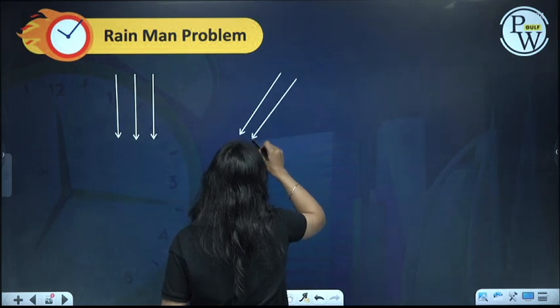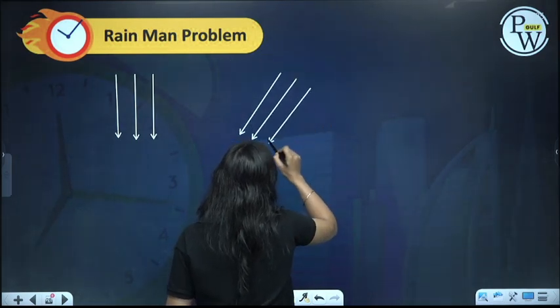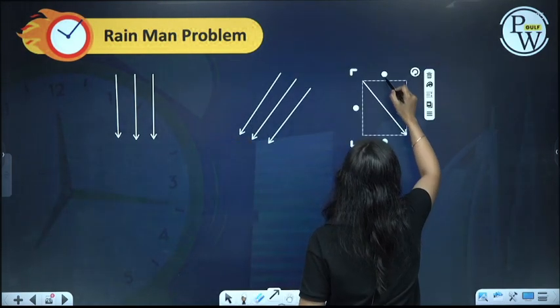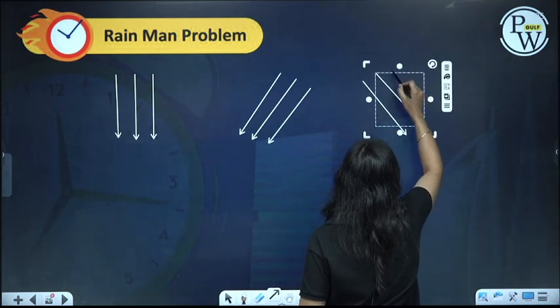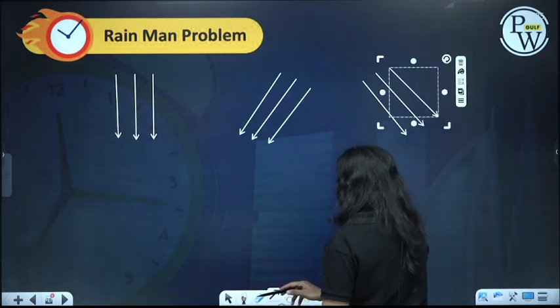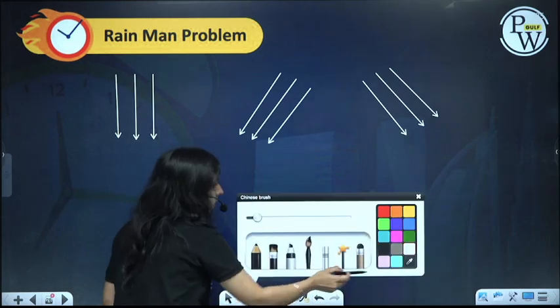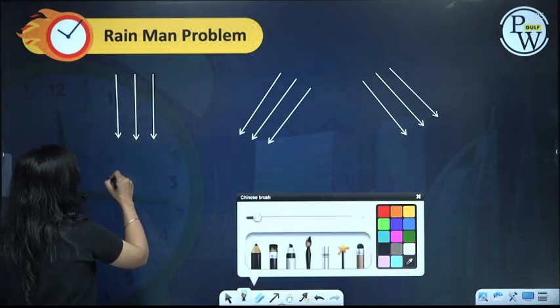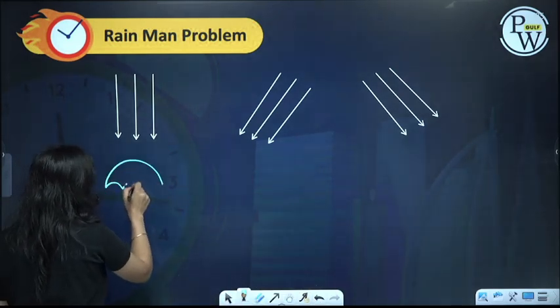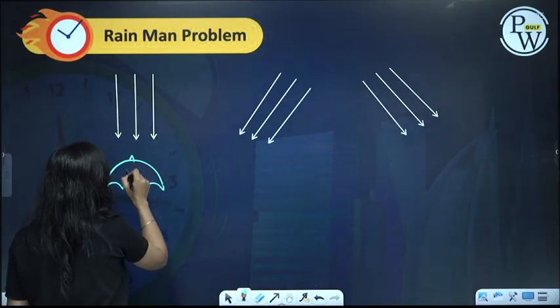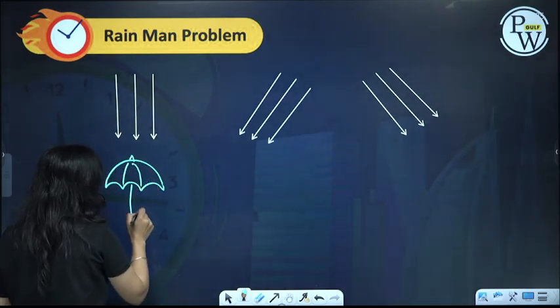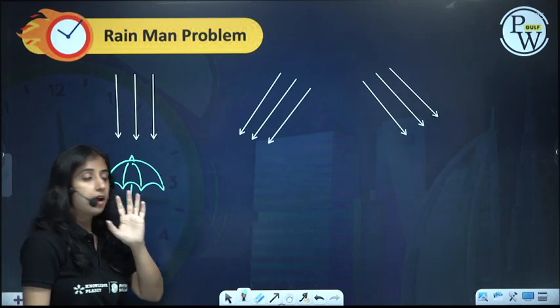We will hold the umbrella upright like this. When it is raining vertically downwards, we hold the umbrella upright.